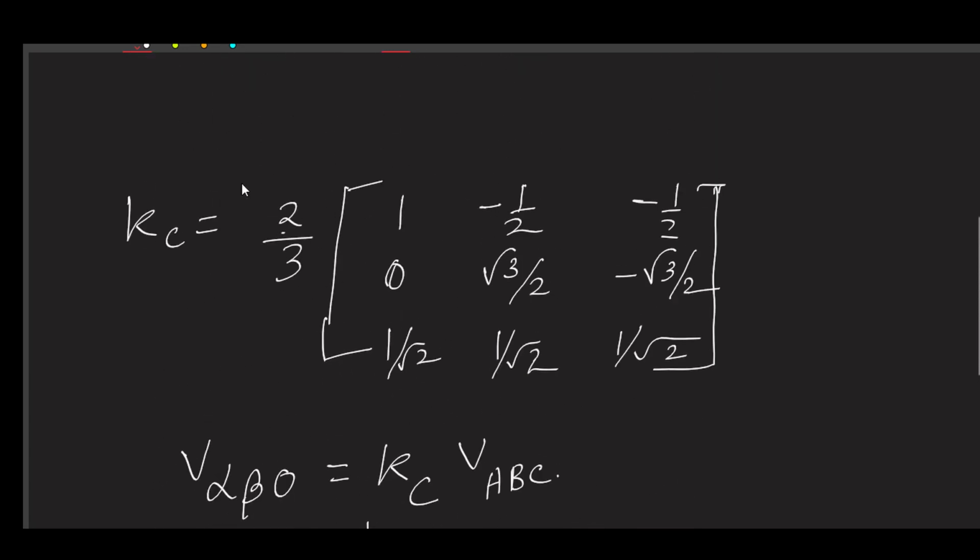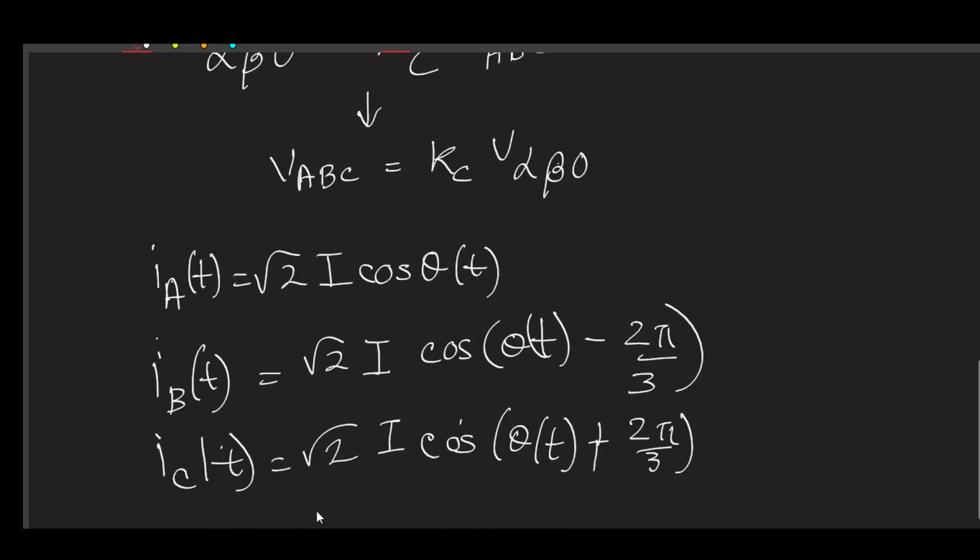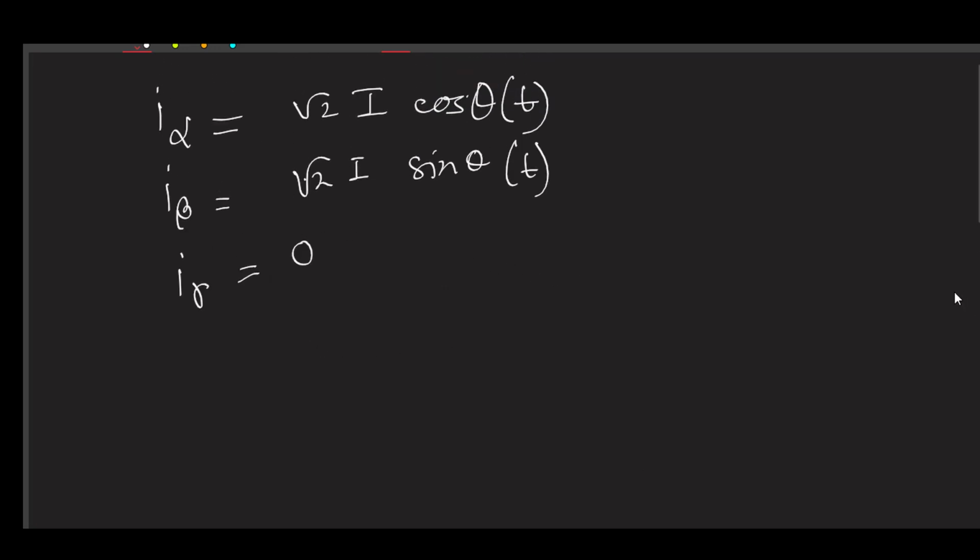Whatever, you just check it, you should get these values. And what is the physical interpretation of this one? This is a power invariant transformation. Once you do it, in terms of your alpha, beta, gamma, what we can write, I alpha will be how much?